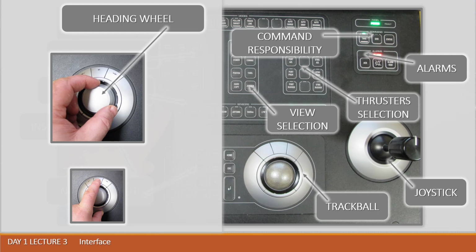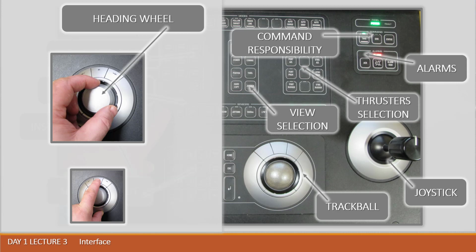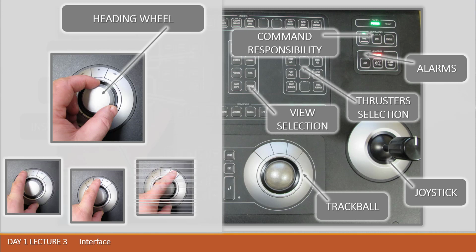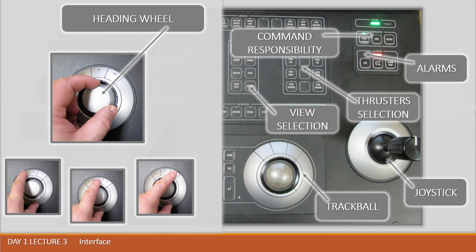The left and right click can adjust the decimals of the heading parameter, and scrolling the heading wheel adjusts the heading parameter value. Then if you would like to confirm the selection done, you press the middle button again and the parameter will be implemented by your DP system.